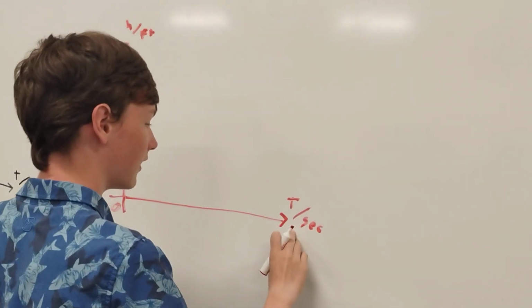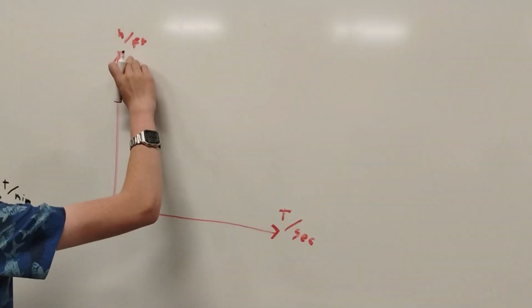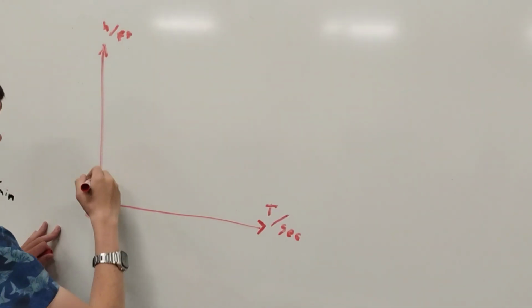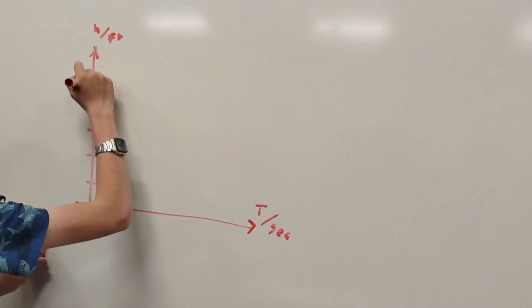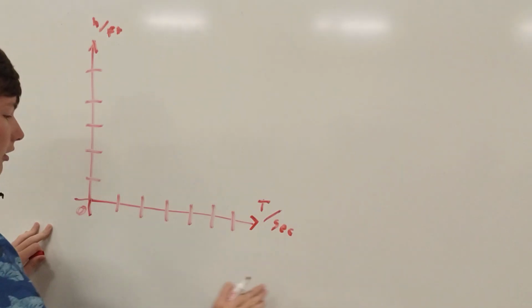So t is in seconds this time, and t will be our variable for the x-axis, and h is in feet still, but we chose h to represent height. So 1, 2, 3, 4, 5, on each axis, and these will be in increments of 1.